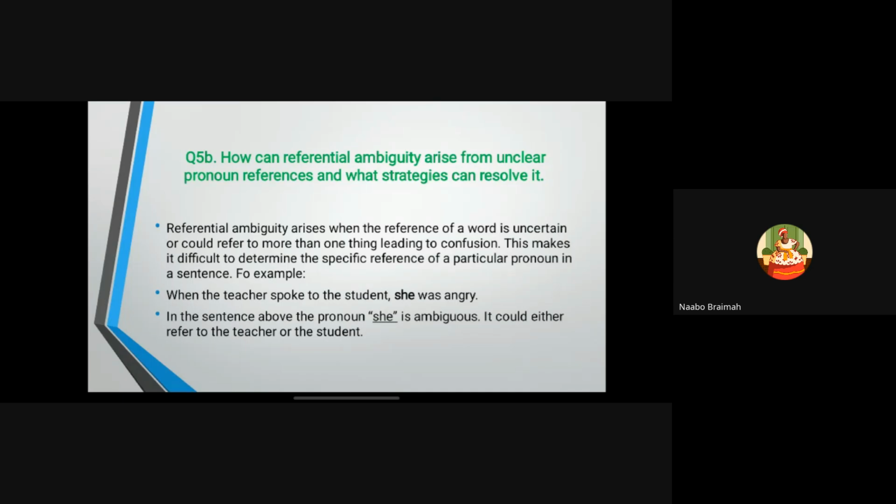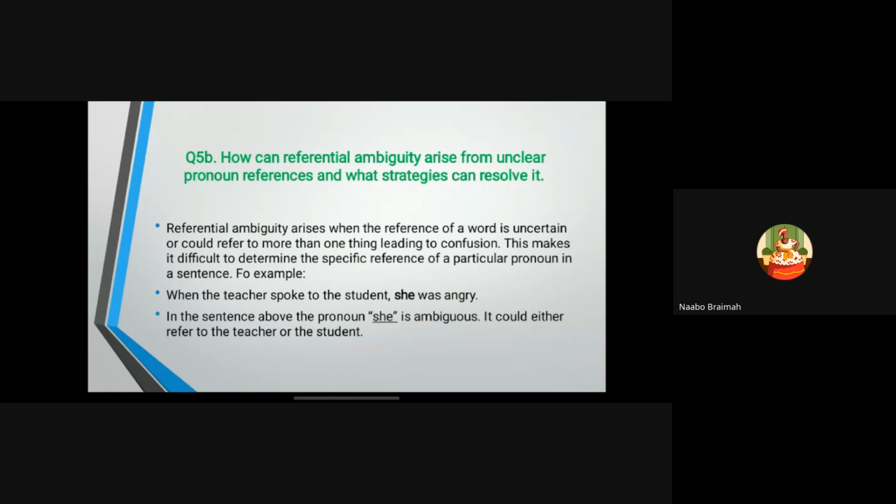Then the second question is how can referential ambiguity arise from unclear pronoun references, and what strategies can resolve it? Referential ambiguity arises when the reference of a word is uncertain or could refer to more than one thing, leading to confusion.